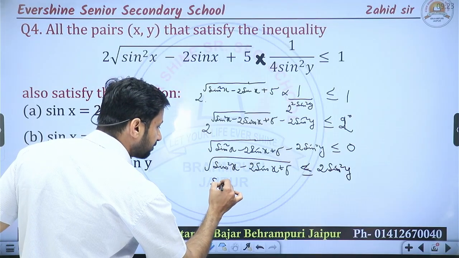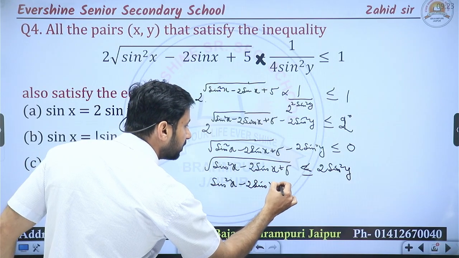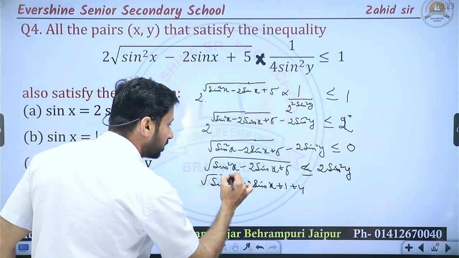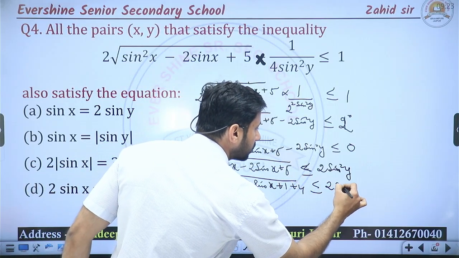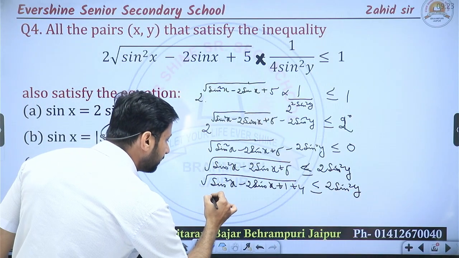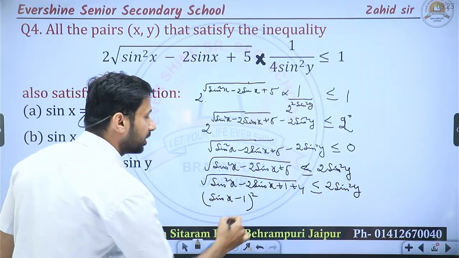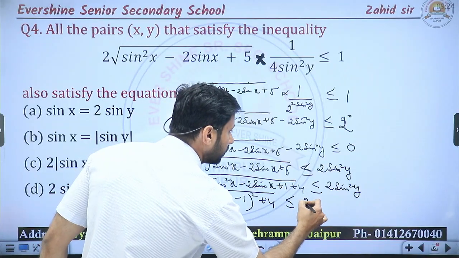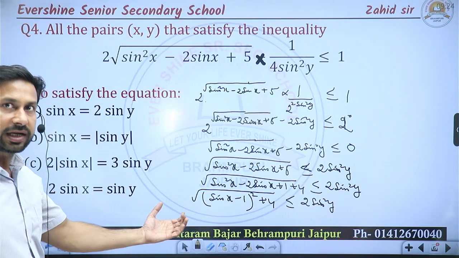So this will be sine square x minus 2 sine x plus 1 plus 4. I have just written 5 as 1 plus 4. Okay, now less than equal to 2 sine square y. Now this will be sine x minus 1 whole square plus 4 root is less than equal to 2 sine square y. Okay, now we will analyze it.